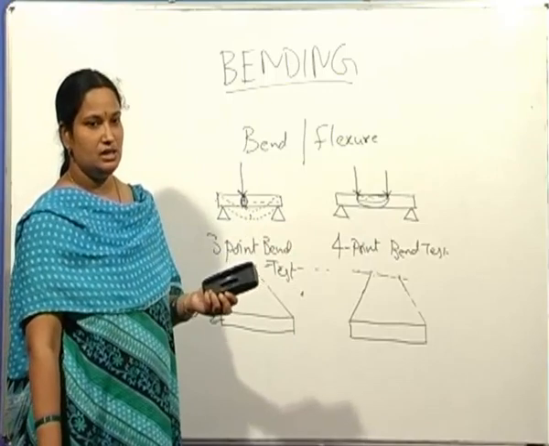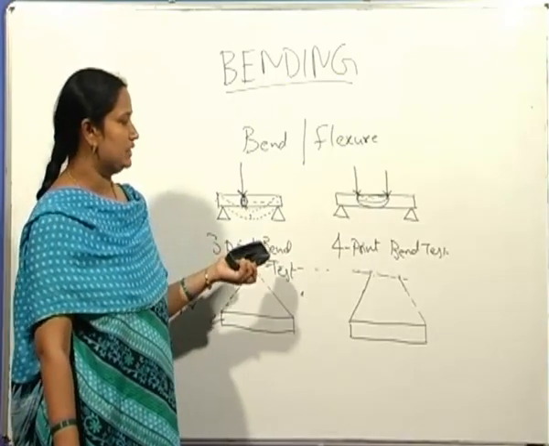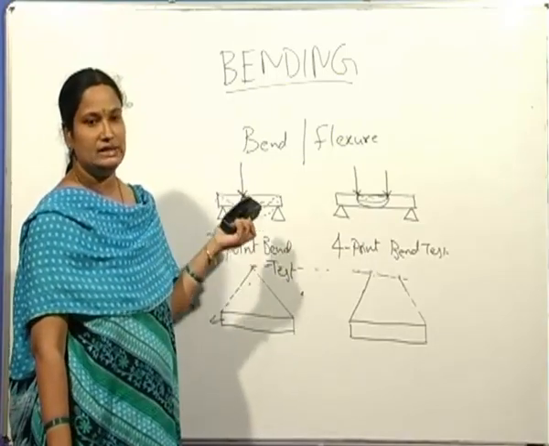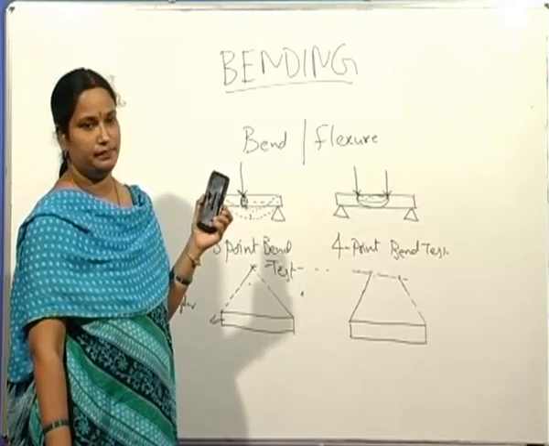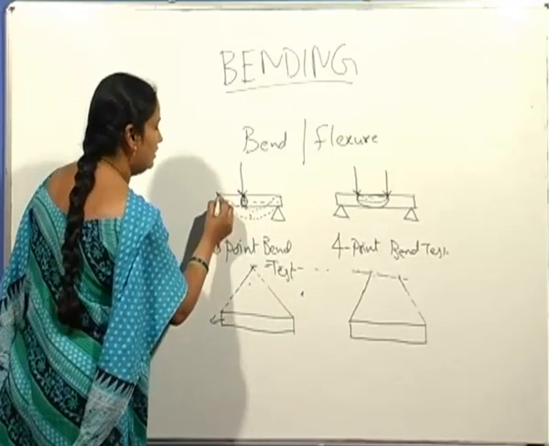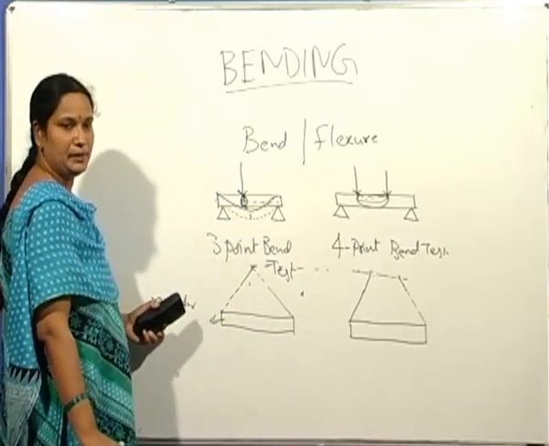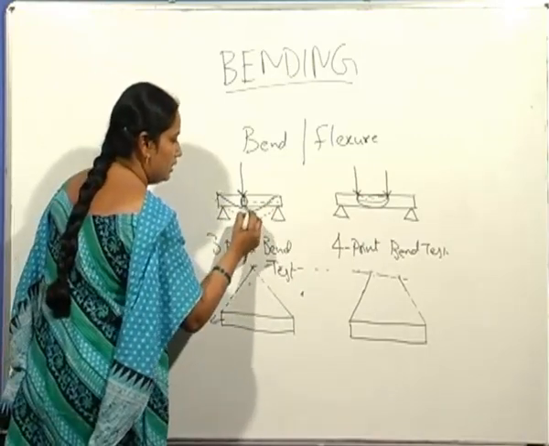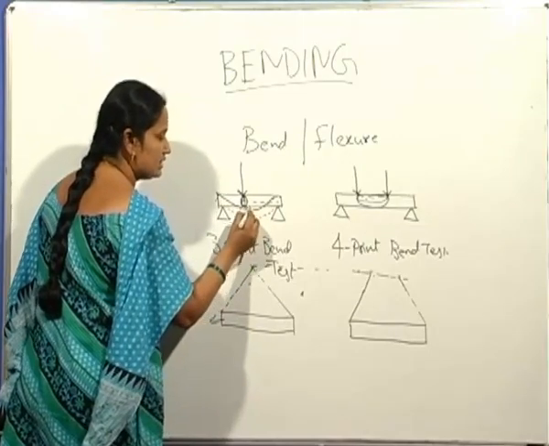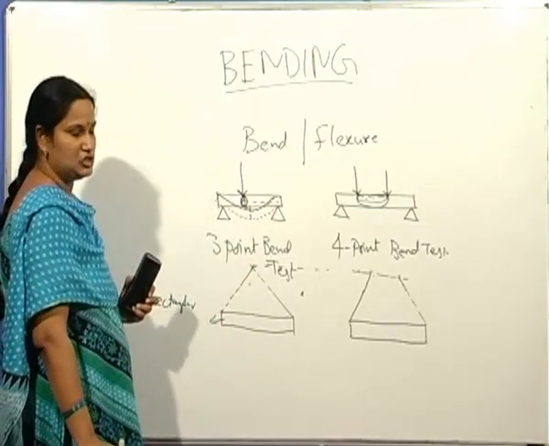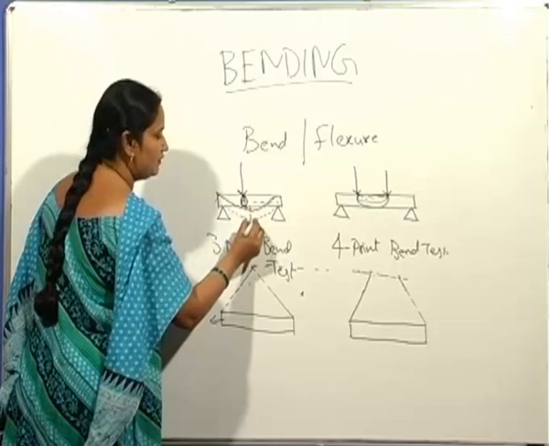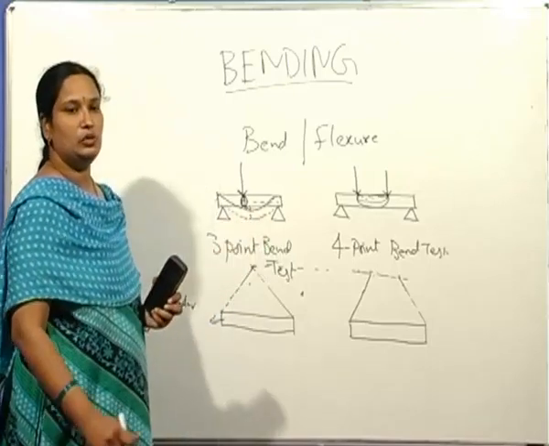Now we shall see some video with respect to bending, that is the 3-point bend test. When the component is subjected to bending in the 3-point bend test, the upper surface is subjected to compression and the lower surface is subjected to tension.